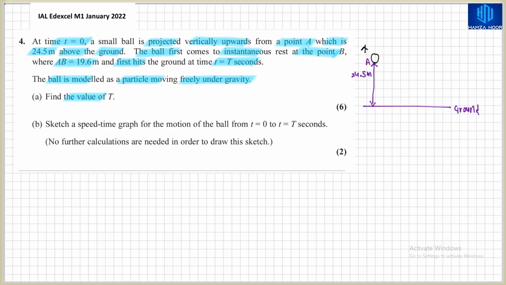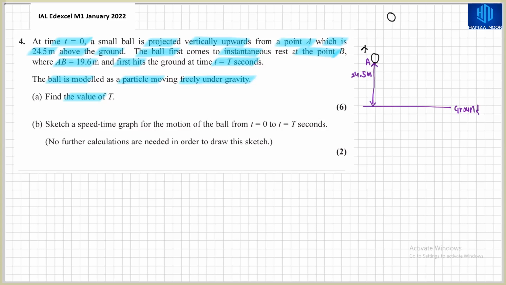The speed of the projection is unknown right now. The initial speed is unknown. And here we have the highest point of the ball, from which the ball will return to the ground. The ball first comes to instantaneous rest, meaning it comes to rest at that particular instant.